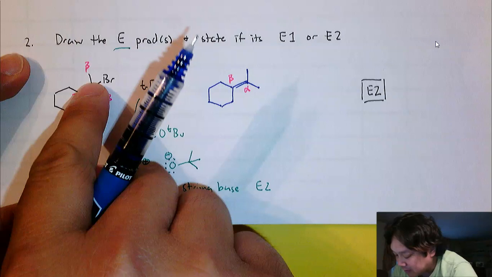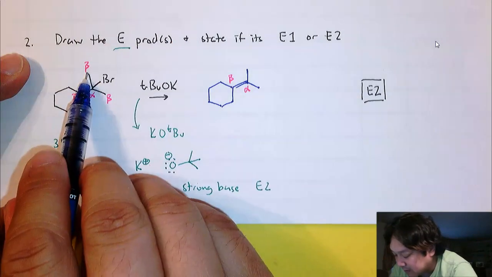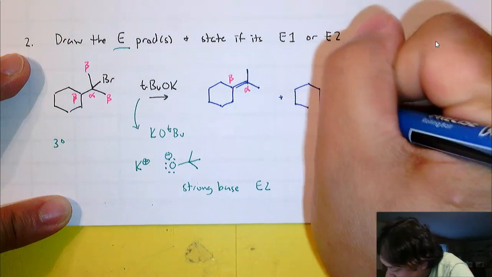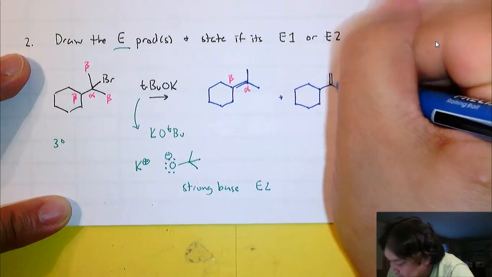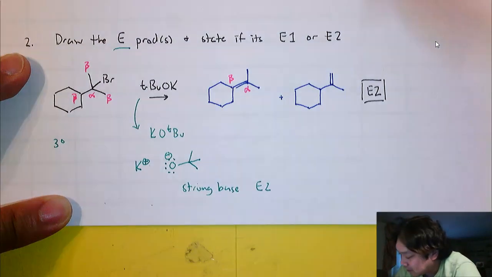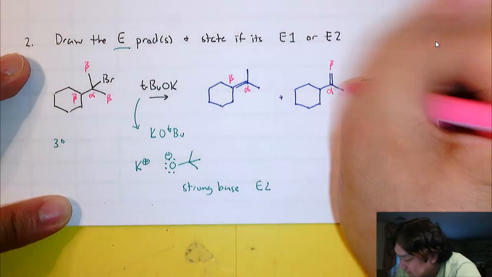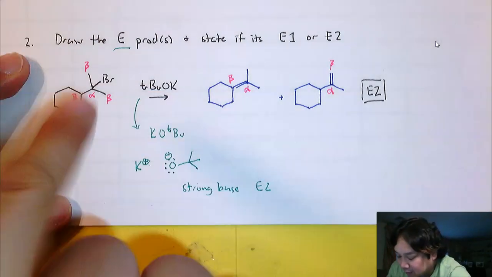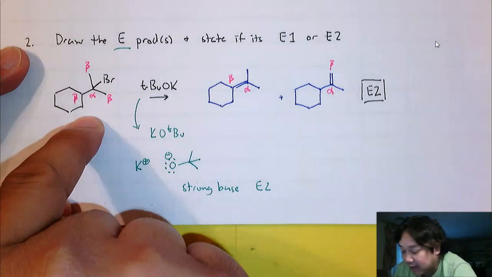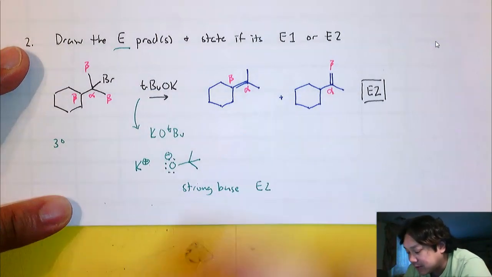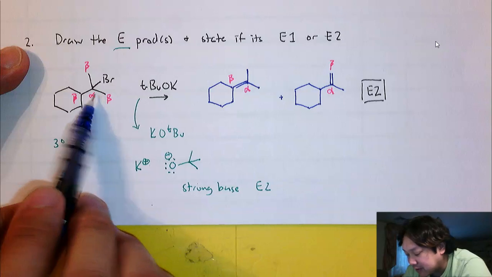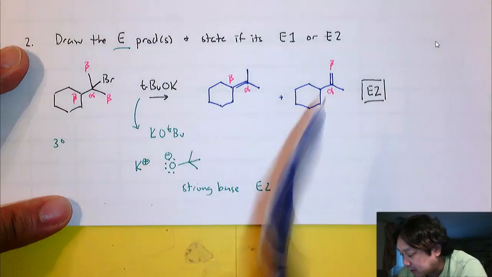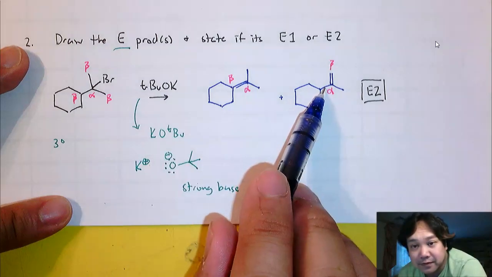But let's draw the double bond for this using this beta carbon. We have that. And beta alpha. So my contention is that even though we see 3 beta carbons, we actually only have 2 products, because if I made the double bond here to the right, hopefully you could tell that it's identical to this by just rotating this bond right here, the one that I'm pointing to.